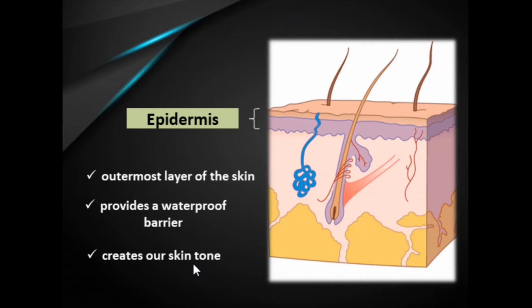There's white, there is dark brown, brown. Epidermis created that one. Okay, what is our first part of the skin? It's epidermis. Very good. Outermost layer of the skin, provides a waterproof barrier and creates our skin tone.